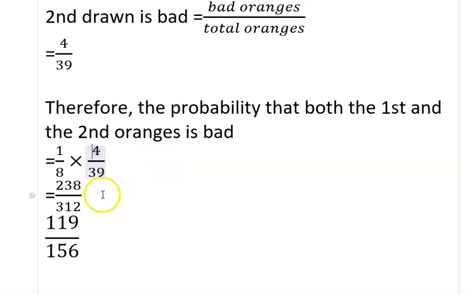So you see 1 times 4 will give us 4. 1 times 4 here will give us what? 4. 8 times 39 will give us 312. Awesome. So I think this can cut. We can start with 2, or we can use this 4 straight. 4 will cut.